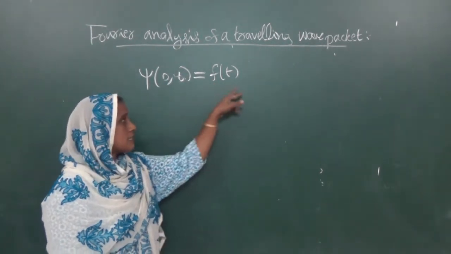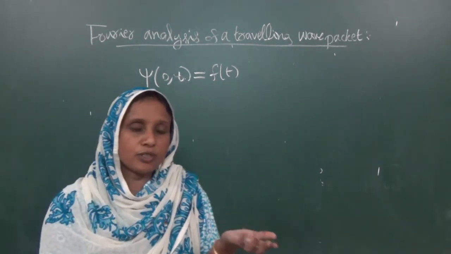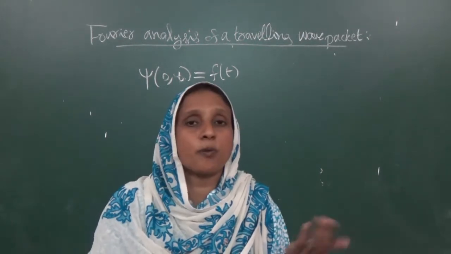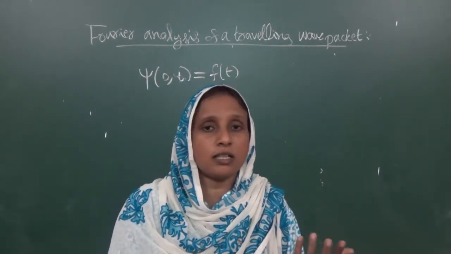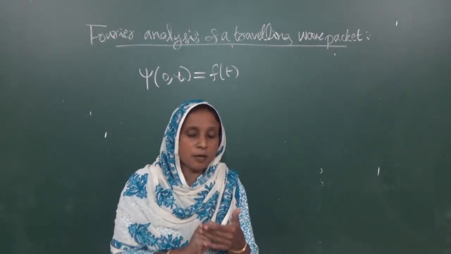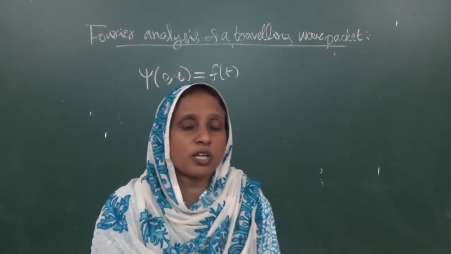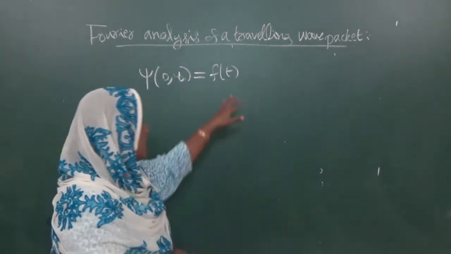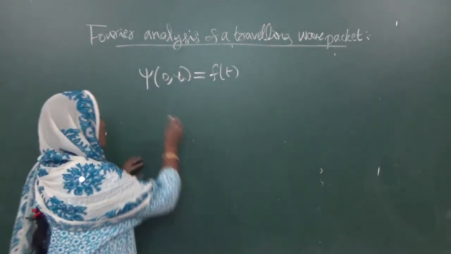This f(t) can be of any form, so let it be non-periodic. We already found that if this f(t) is a non-periodic function, we can represent it using a Fourier integral. So I can write the Fourier integral form here.